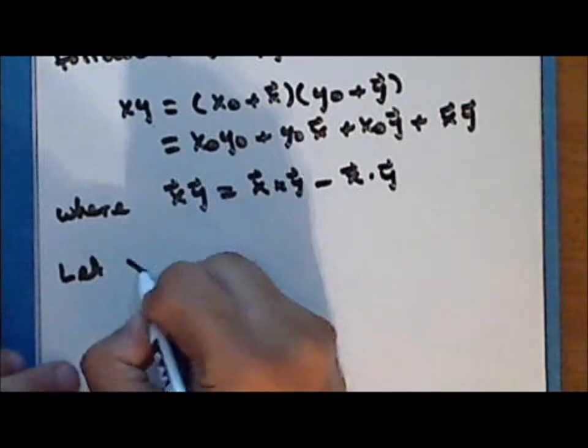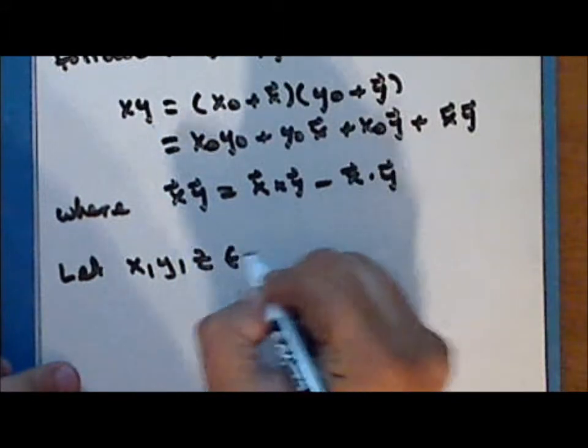So let x, y, and z be three quaternions.